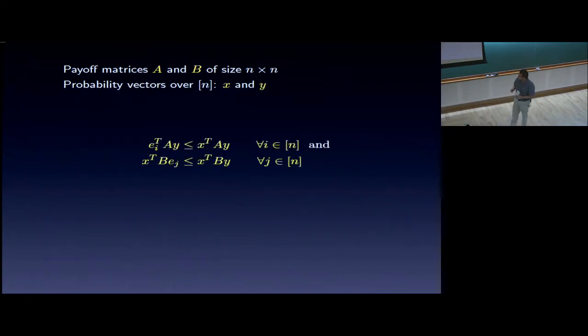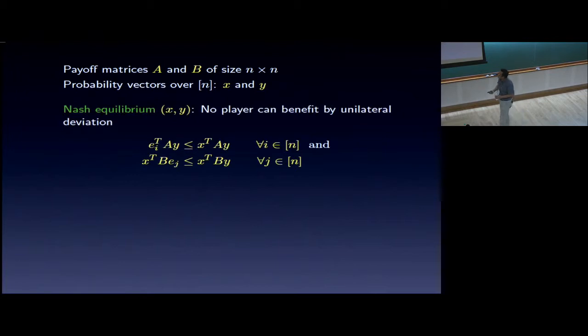Okay, so with this notation in hand, the definition of Nash equilibria is quite intuitive. It denotes a pair of probability distributions, X and Y, one for the row player, the second for the column player, such that in expectation, neither of the two players can benefit by unilaterally deviating. What do I mean? So this term on the right here represents the expected payoff of the first player. Note that A is the payoff matrix of the first player.